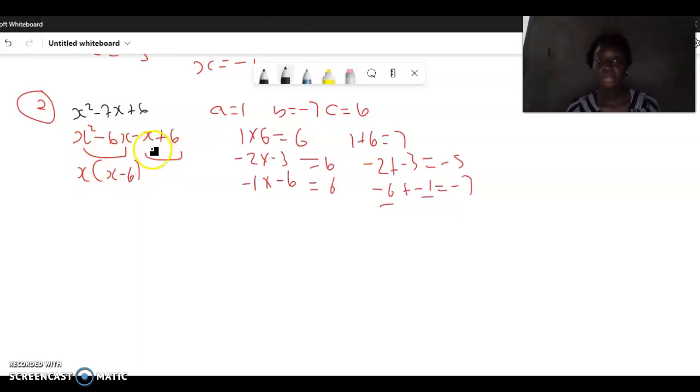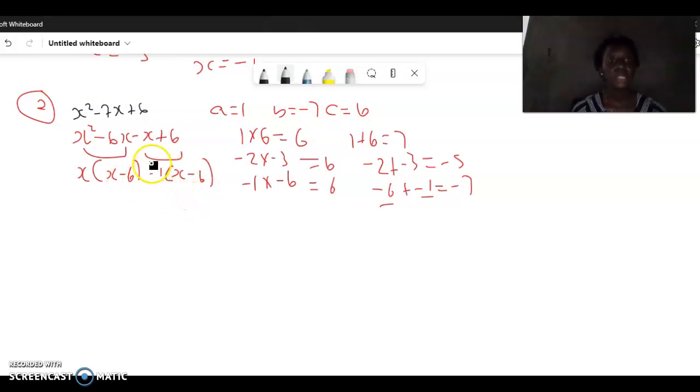For terms 3 and 4, let's see now. The common factor is going to be negative 1. To factor negative 1 from negative x will yield us a positive x, and factoring negative 1 out of 6 will give us a negative 6.